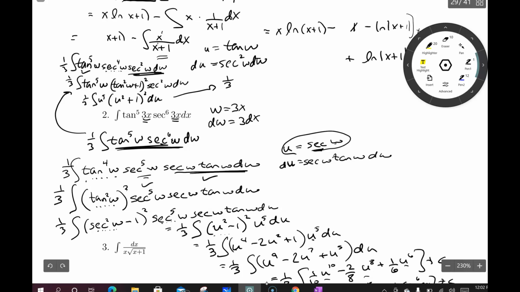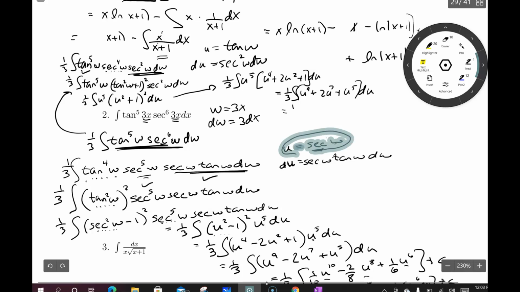But that's okay. So u to the 5th, I'll save for a second. So I'll get u to the 4th plus 2u squared plus 1 du, 1/3 u to the 9th plus 2u to the 7th plus u to the 5th du, and then I'll add 1 to the exponent and take the antiderivative, and we'll get very different answers, but they're both the same.